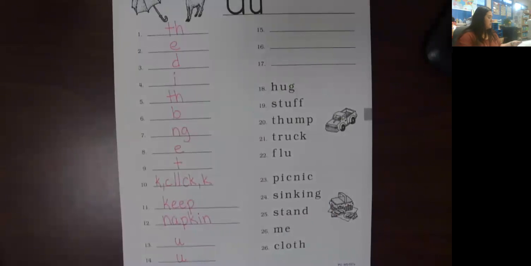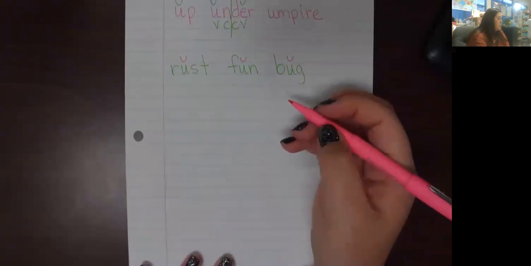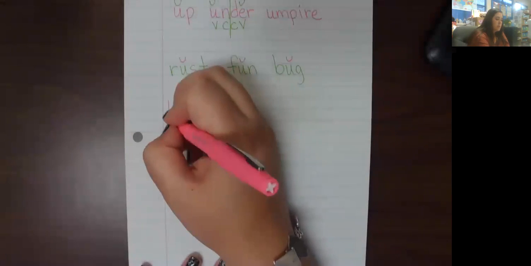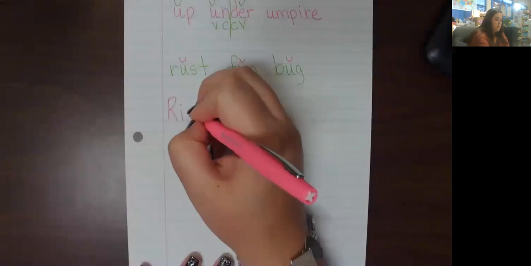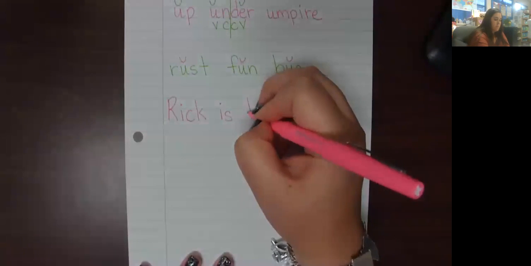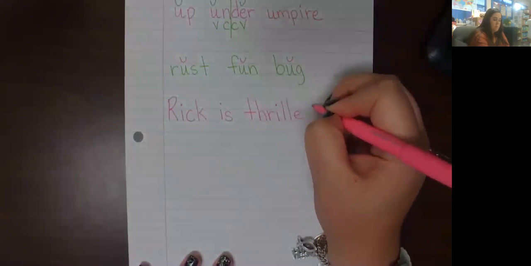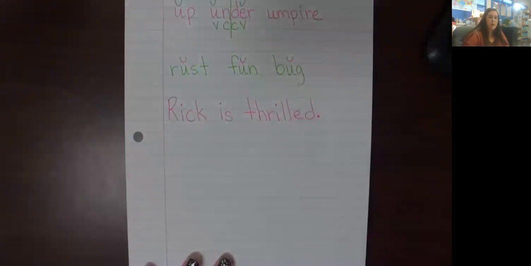All right. Now we're going to code some words like we'll see on today's worksheet. So let's go back to our journal here. Okay. So let's write this first sentence. Okay.